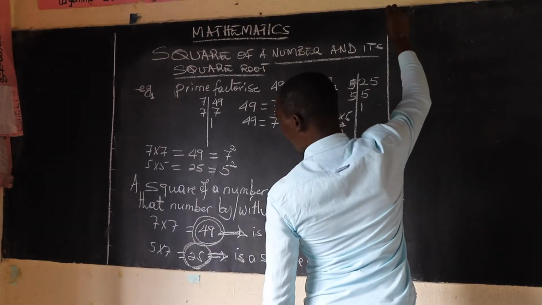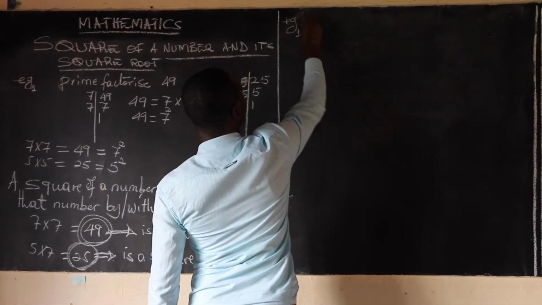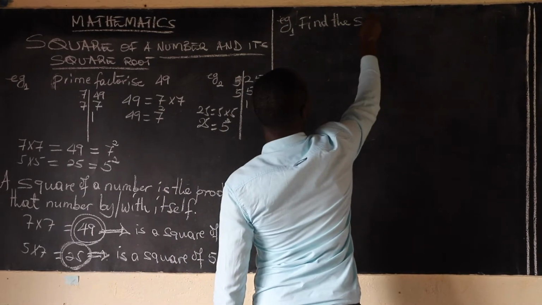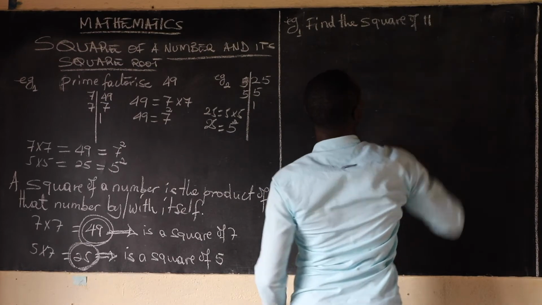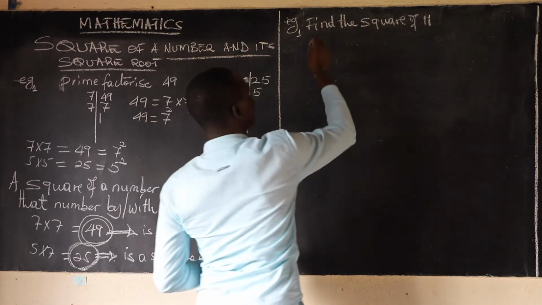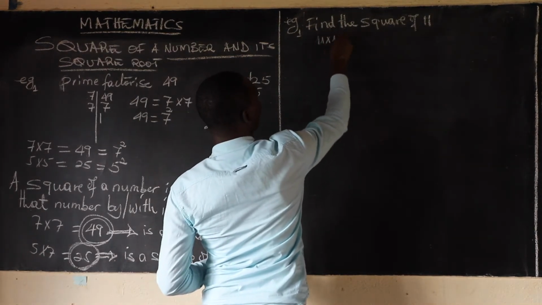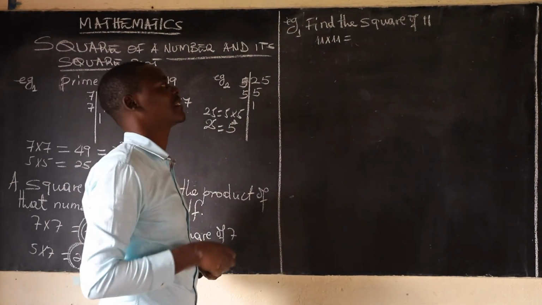Taking example number 1, I say find the square of 11. Now this is to mean that the square of 11 will be 11 times 11, the product of 11 with itself.